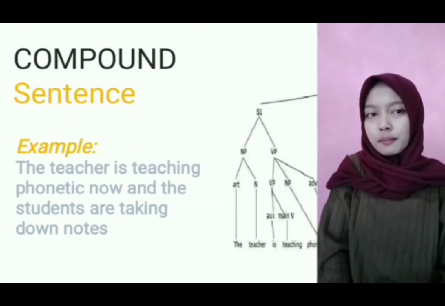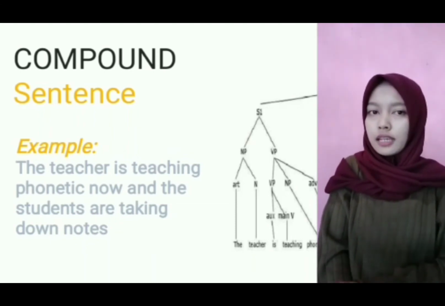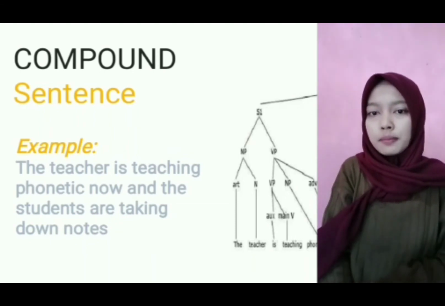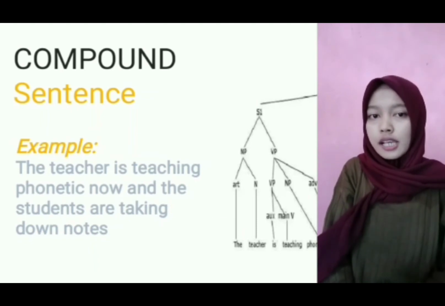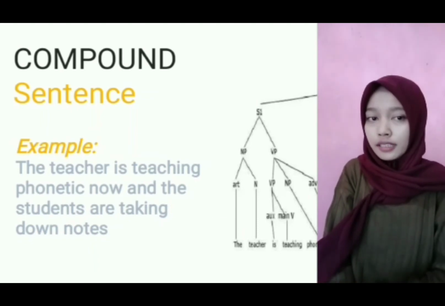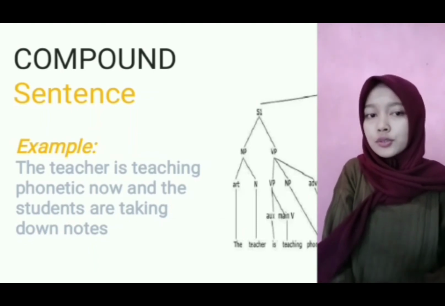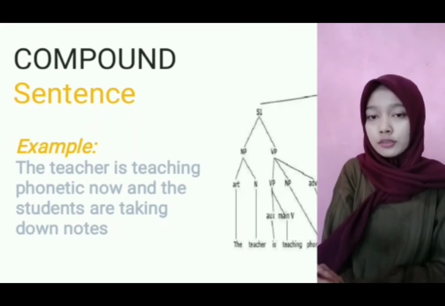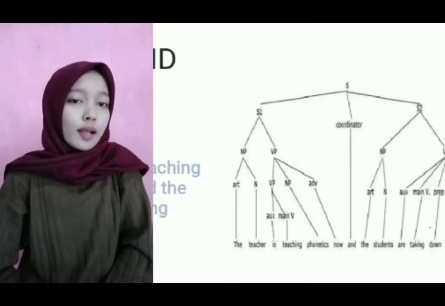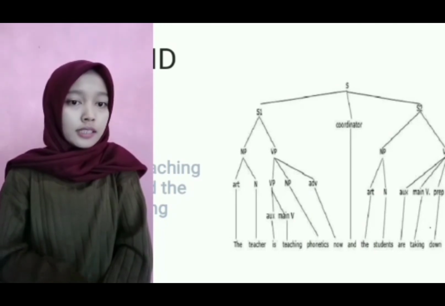The next example is from a compound sentence, and the example is: the teacher is teaching phonetics now and the students are taking down notes. I would like to explain.